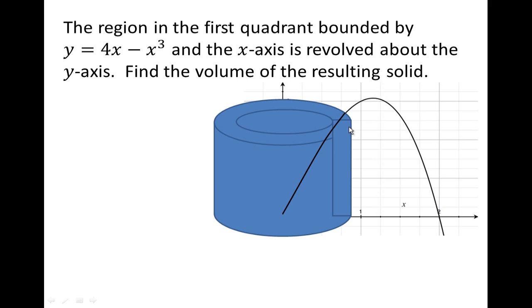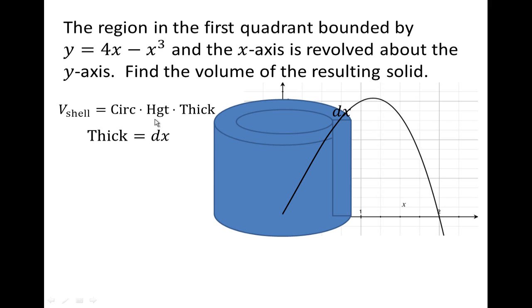One dimension would be this way, and the other dimension will be the distance around this shell, which is the circumference. So the volume of the shell is the circumference of the shell, one dimension of the box I would get when I slice it open and lay it out, multiplied by the height of the shell, another of the three dimensions, and then multiplied by the thickness. The thickness is pretty easy. The thickness is just dx.